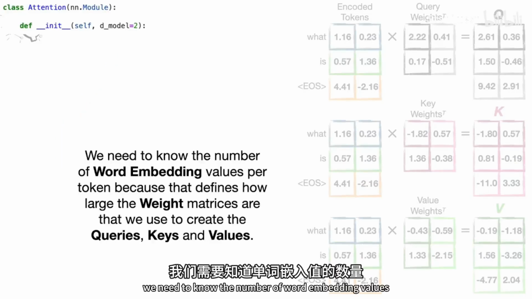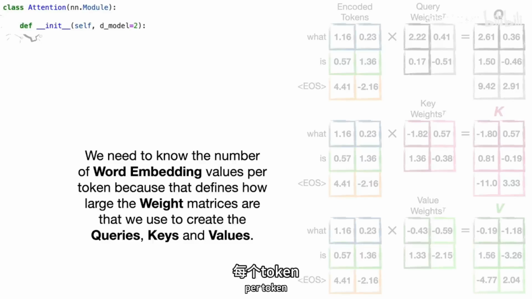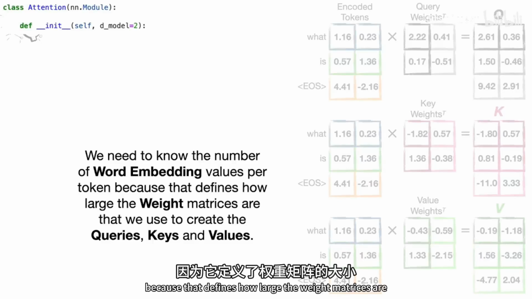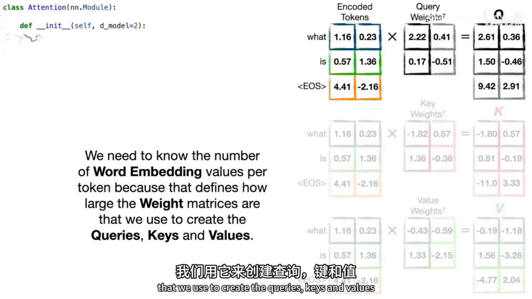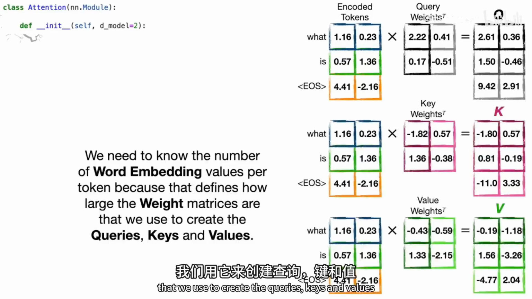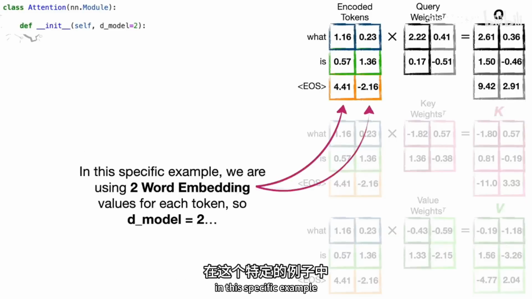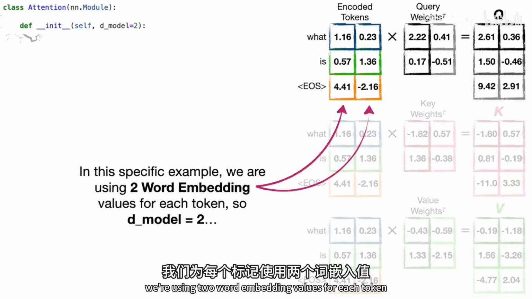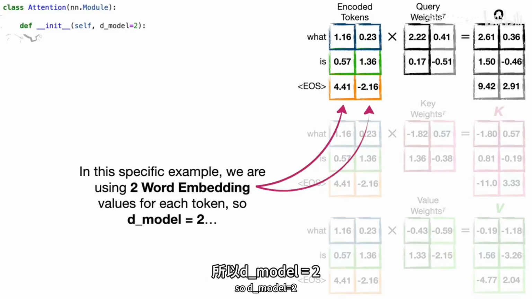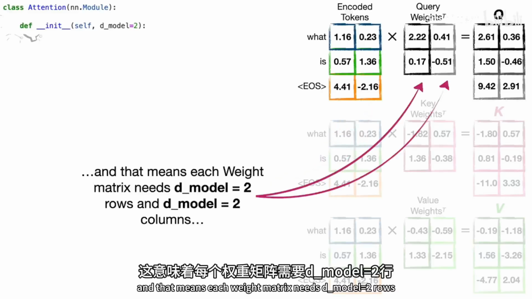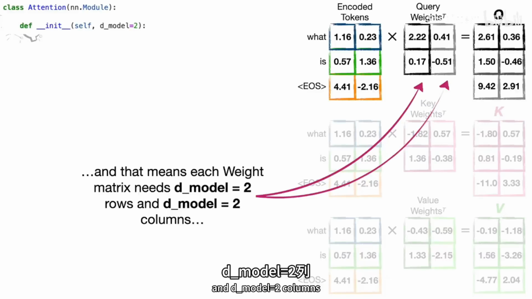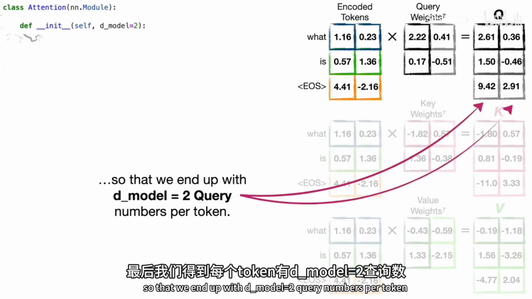We need to know the number of word embedding values per token because that defines how large the weight matrices are that we use to create the queries, keys, and values. In this specific example, we're using 2 word embedding values for each token, so dModel equals 2. And that means each weight matrix needs dModel equal to 2 rows and dModel equal to 2 columns, so that we end up with dModel equals 2 query numbers per token.